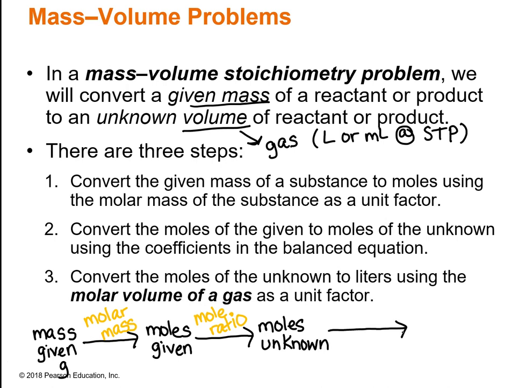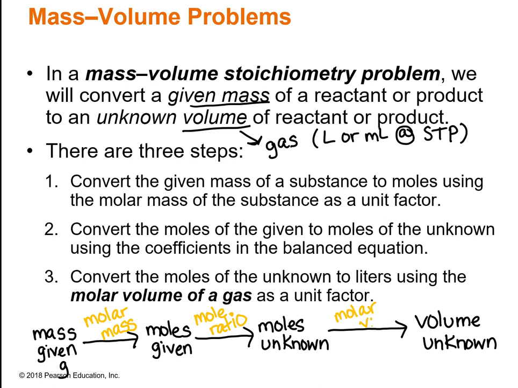The final step is the new step. So we're going from moles of unknown to volume of unknown. This, we're going to use something else. So instead of molar mass, we have to use molar volume.